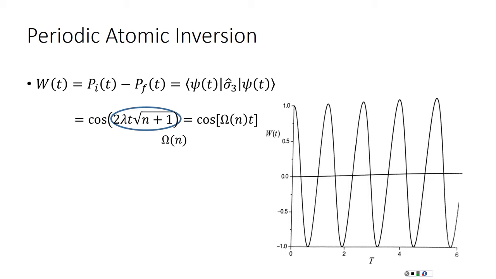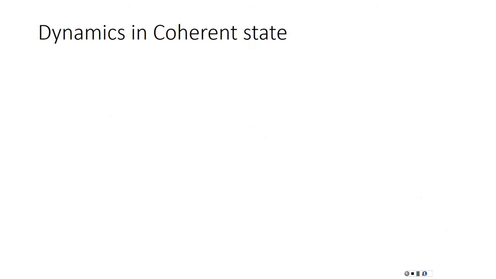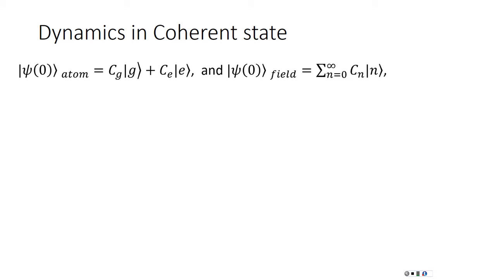So now we want to look at this solution in the coherent state. In coherent states, we can define this state here in the ground state and excited state, and a field by this term. This is a coherent state, with different numbers of photons with this number.